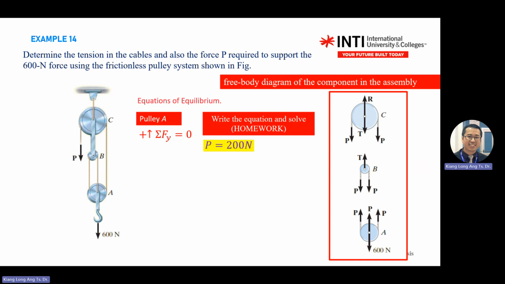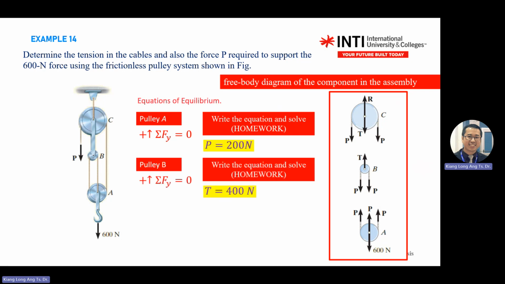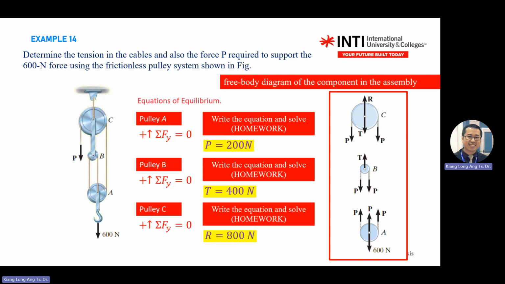You have P 400, P 200. What is your R? Yeah, okay. So it's not 600, it's 800. So 200, 200, 400.